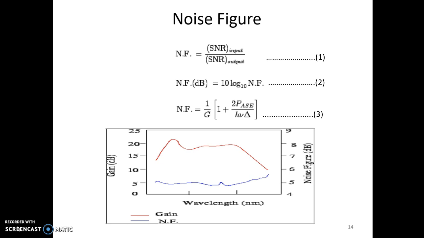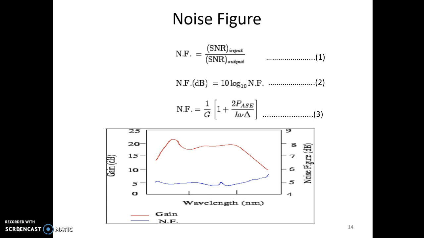The value of NF depends on the pump frequency. For large SNR values, an approximate expression for NF is given by NF equals 1 by G into 1 plus 2P_ASE divided by h sigma delta, where P_ASE is the noise power of ASE, sigma is the pump frequency, and delta is the bandwidth of EDFA.